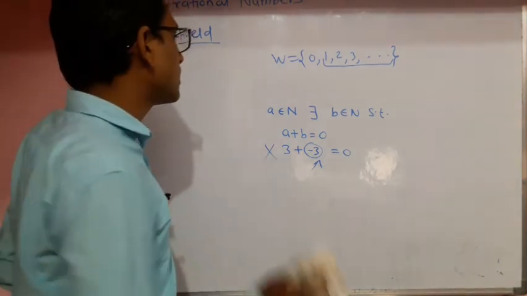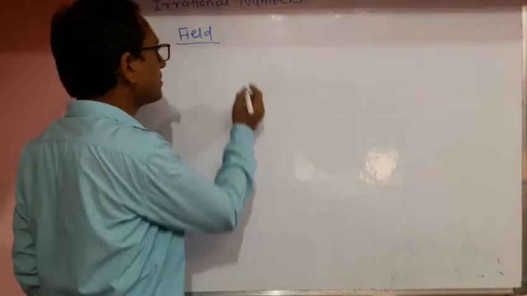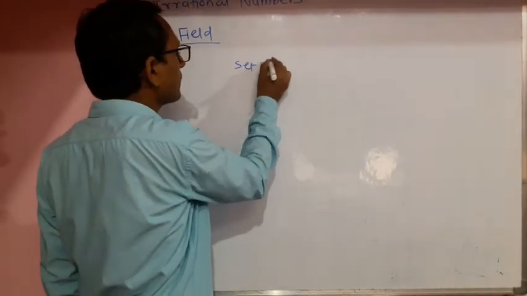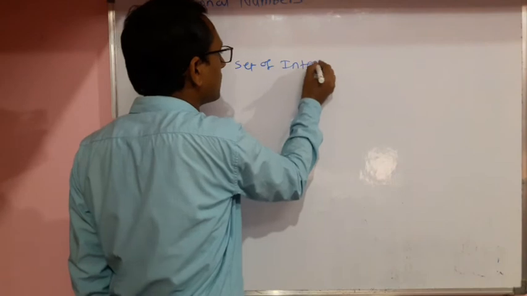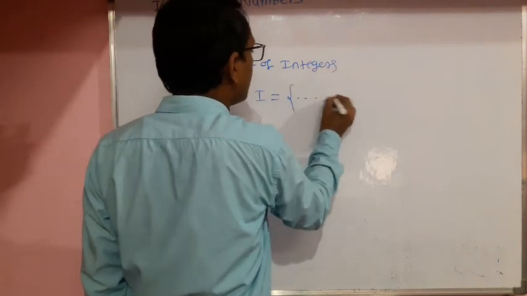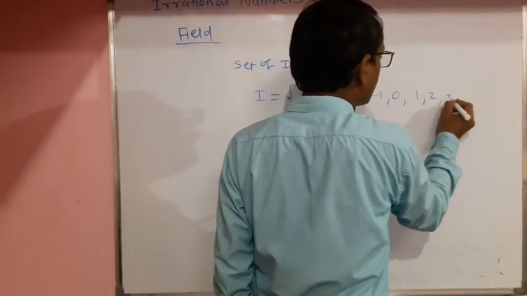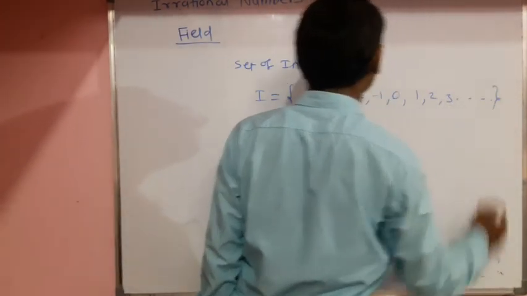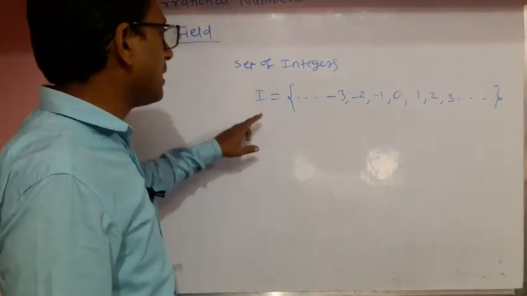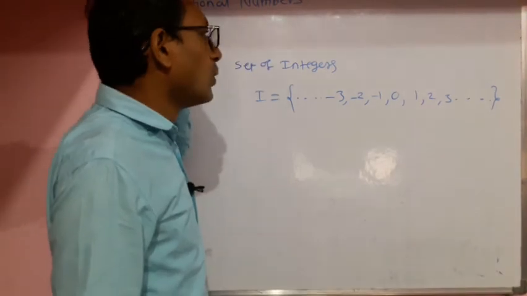So the next set is the set of integers. So the set of integers contains which elements? It has all the negative integers and positive integers. Before the set of integers we have seen the set of whole numbers.